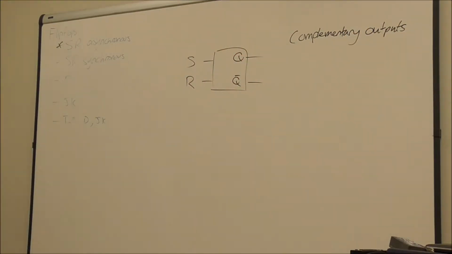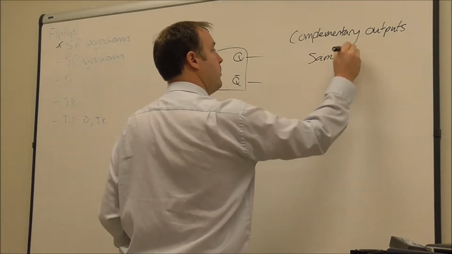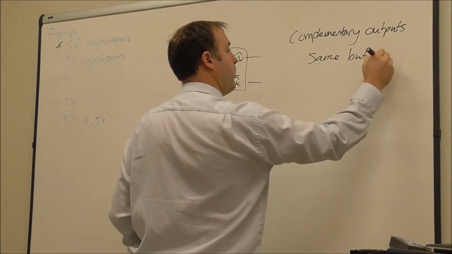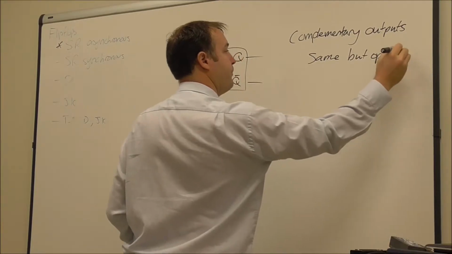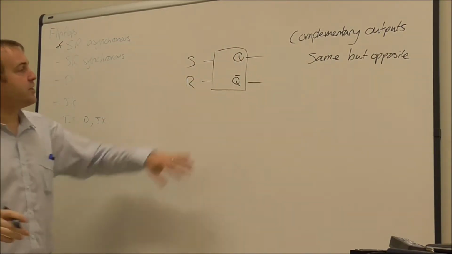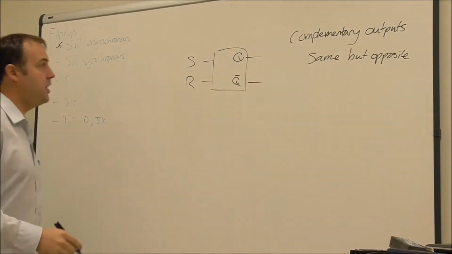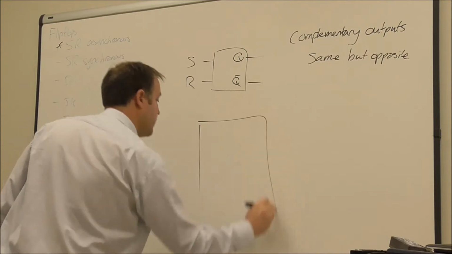Okay, complementary means that they are the same but opposite. So the same but opposite. You really can think of this as just being a single output, but internally you could kind of think of it like this.